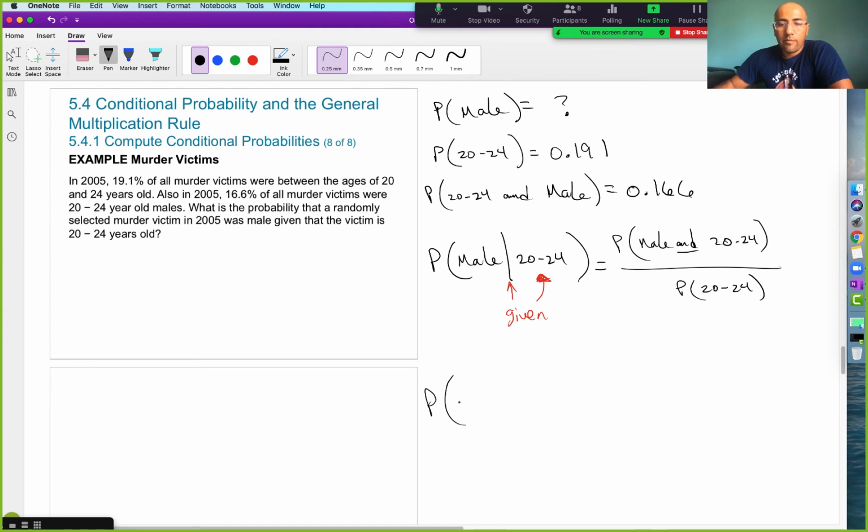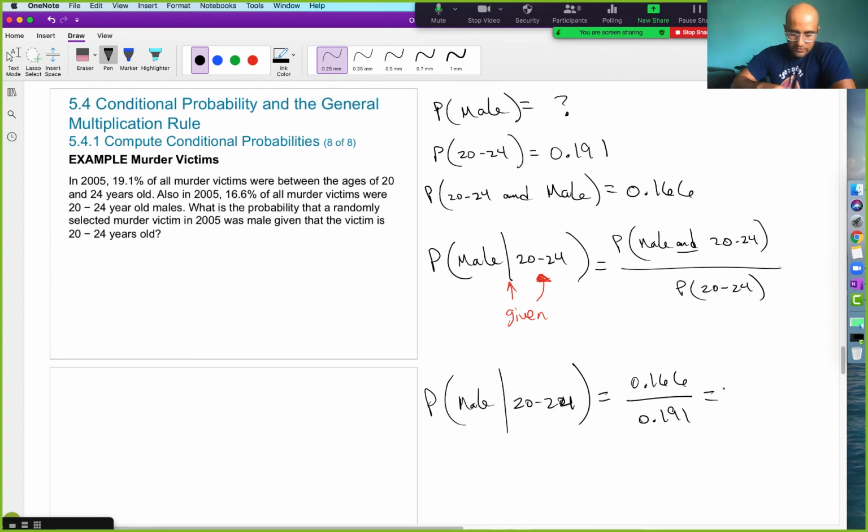So the probability that the victim is male given that they're between 20 and 24 years old is 0.166 divided by 0.191. Take those two numbers and divide them: 0.166 divided by 0.191, and we get 0.8691.